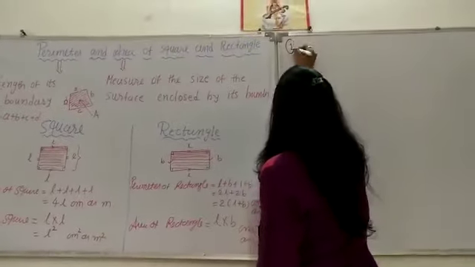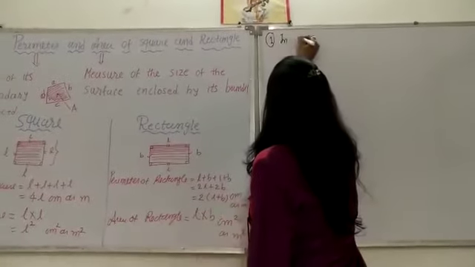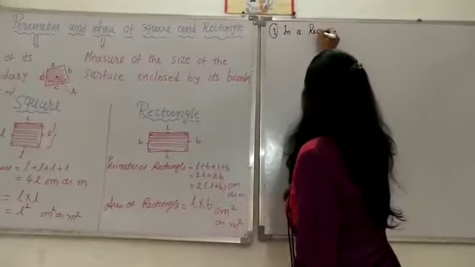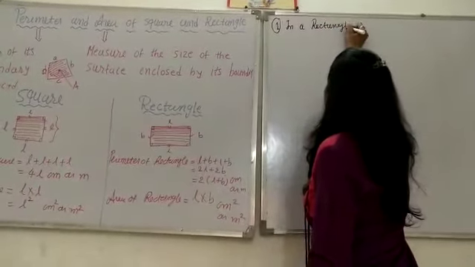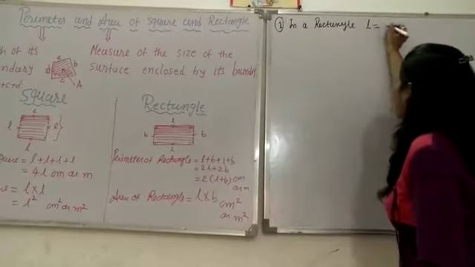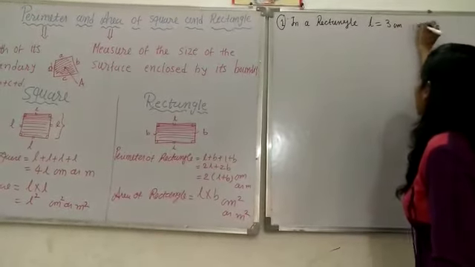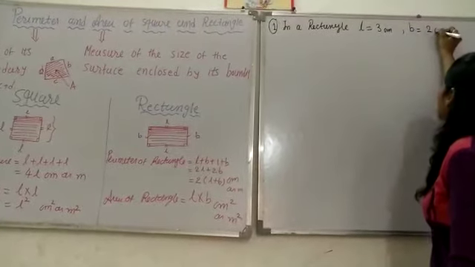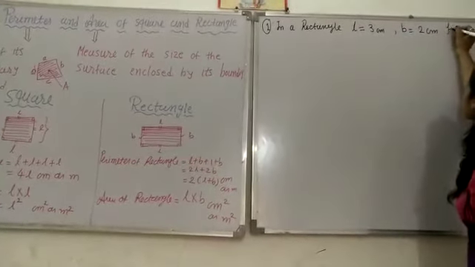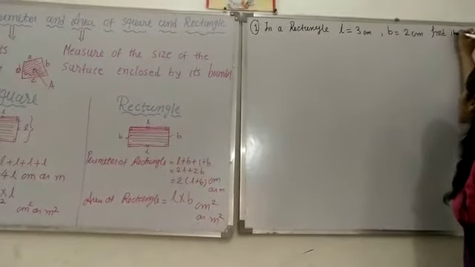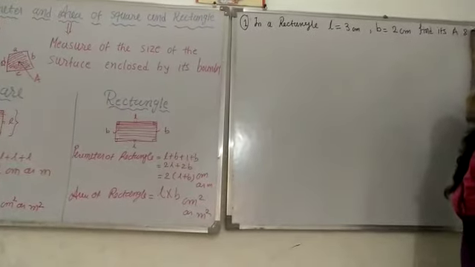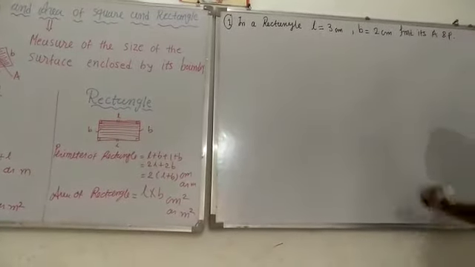First, in a rectangle, length is equal to 3 centimeter and breadth is equal to 2 centimeter. Find its area and perimeter. How can you find it?